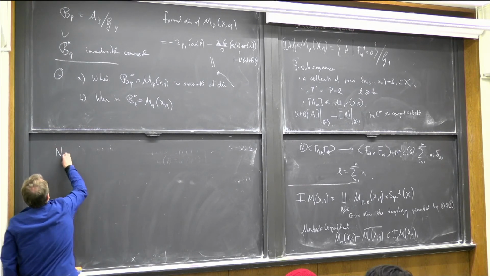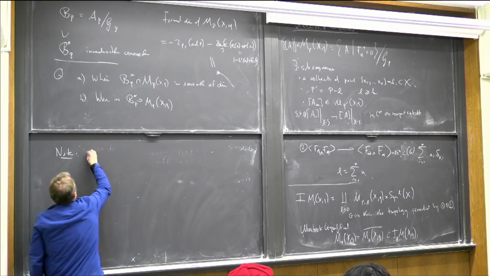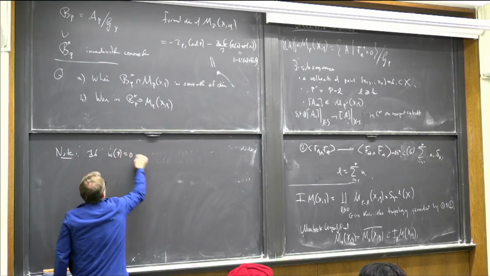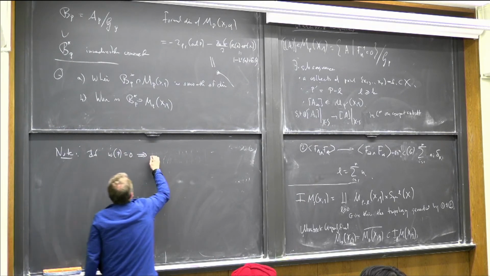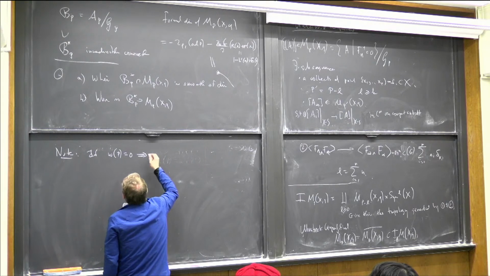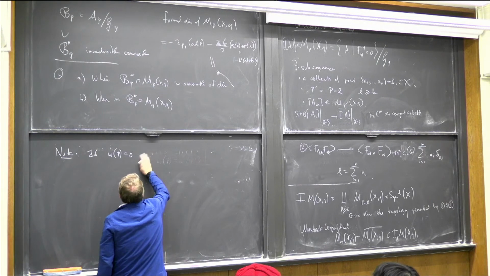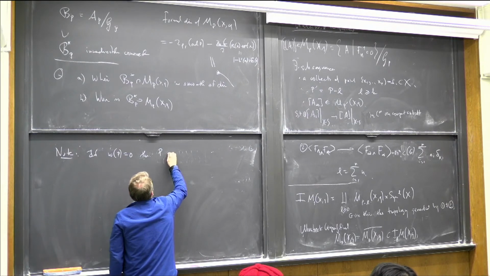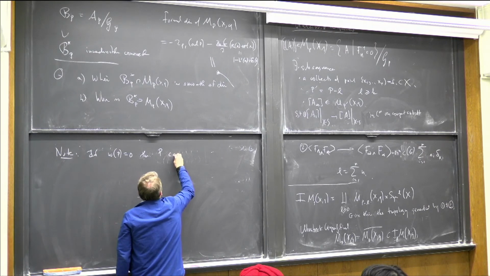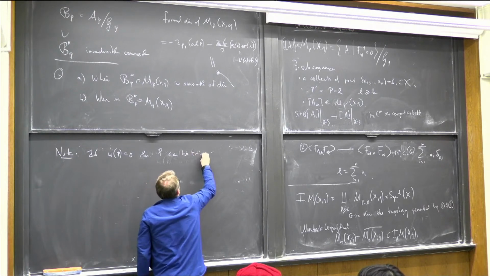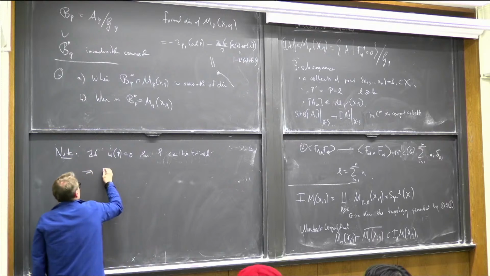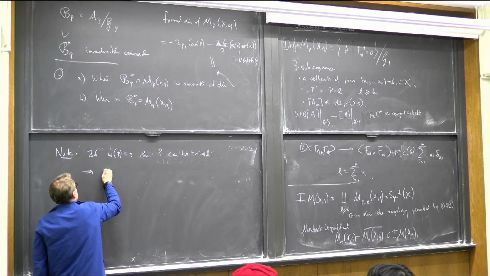And note, if w_P equals 0, then P can be trivial, and then it has the trivial connection.